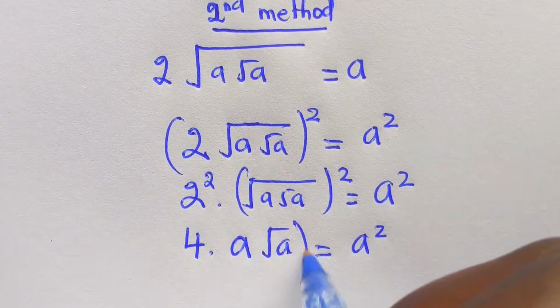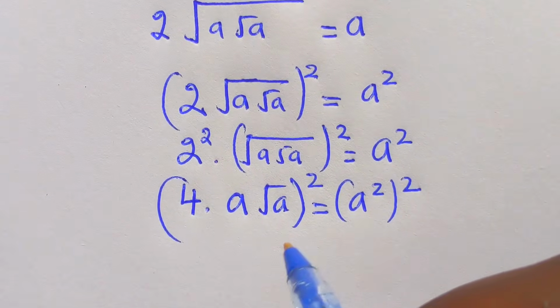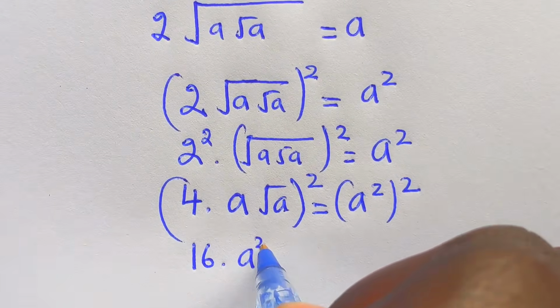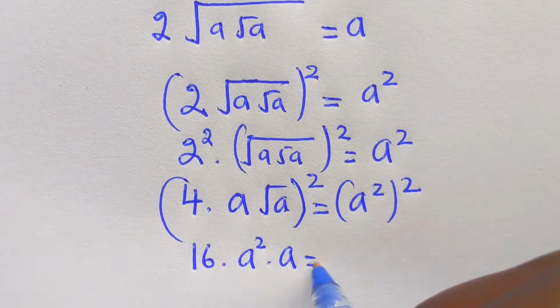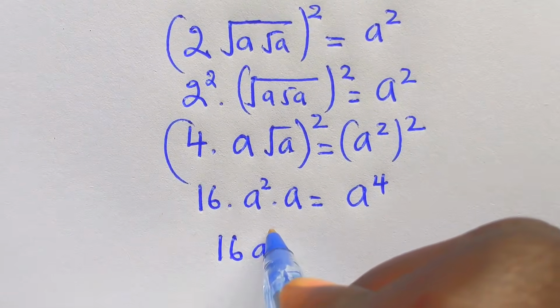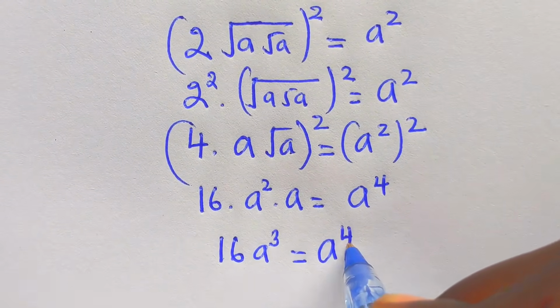Squaring again, we get 16 times a squared times a, which equals a power 4, so this is 16 a power 3, which equals a power 4.